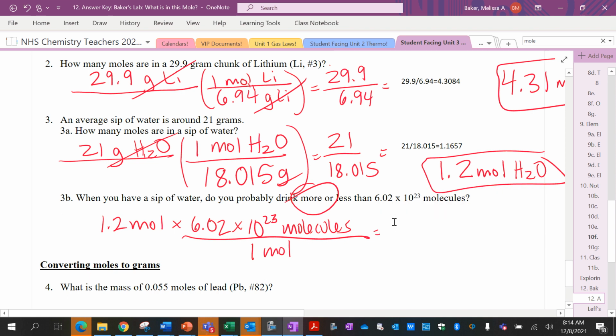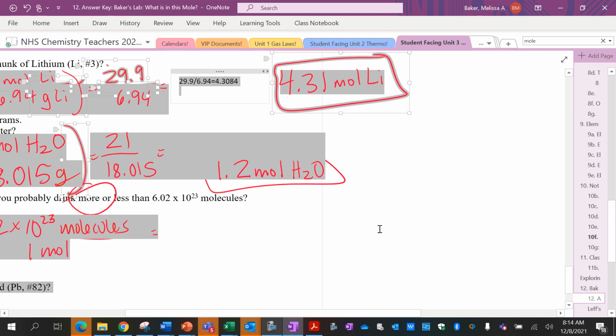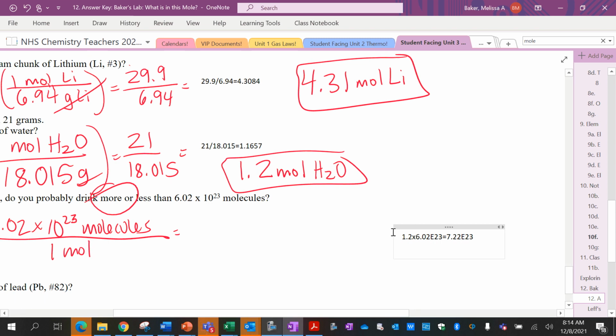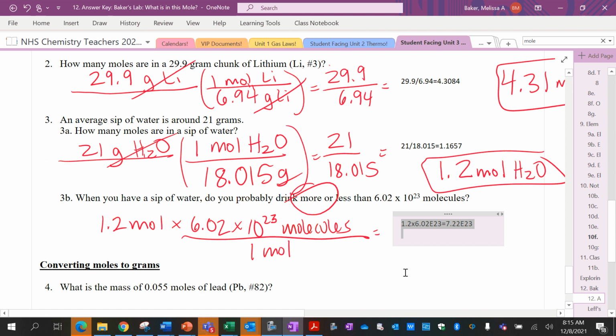So if you wanted to figure this out, you would do, on OneNote, side over here, 1.2 times 6.02 times 10 to the 23rd. You would have 7.22 times 10 to the 23rd. So 7.2 times 10 to the 23rd molecules.